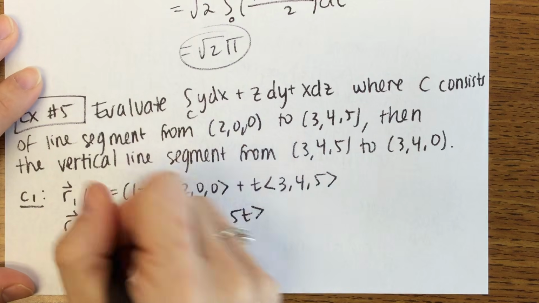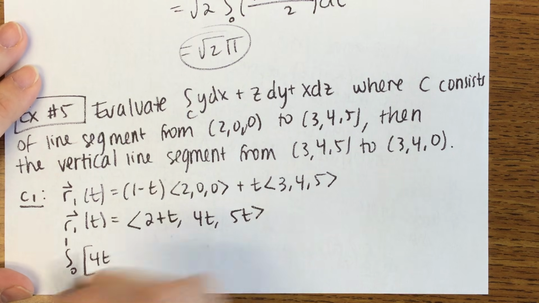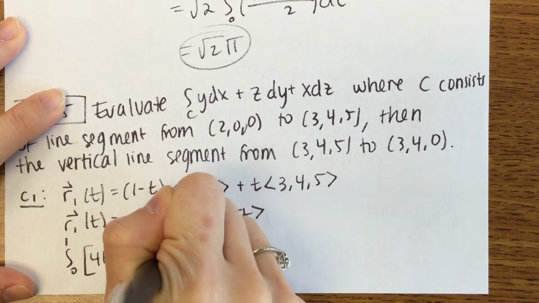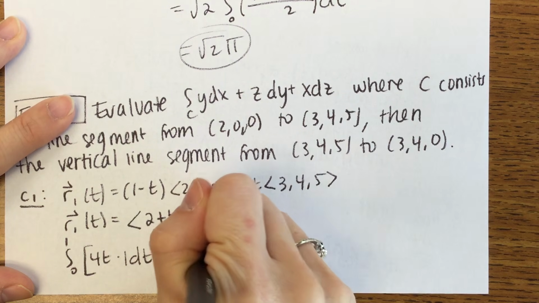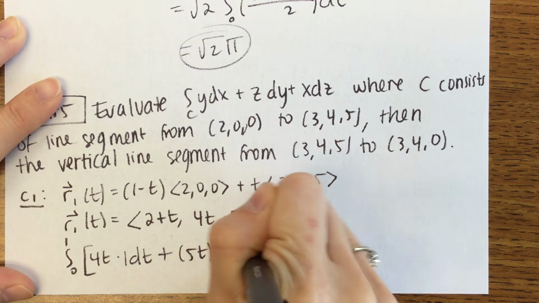We have y, so that's 4t, times dx. So the derivative with respect to t is 1 dt. We have z dy, so z is 5t, dy is 4 dt.